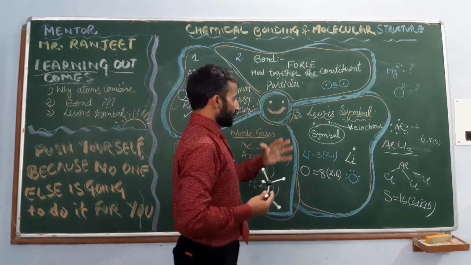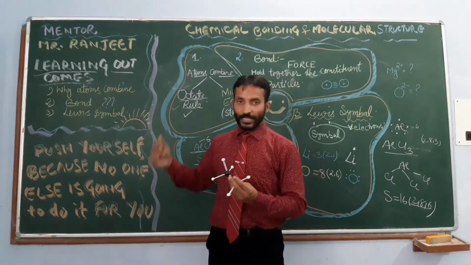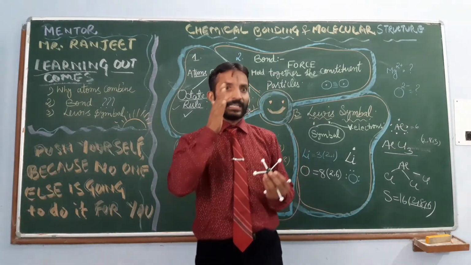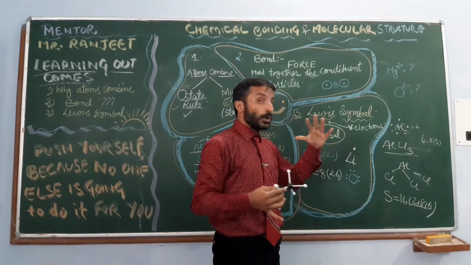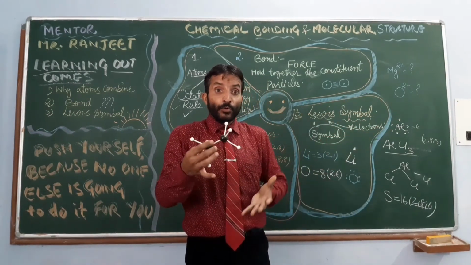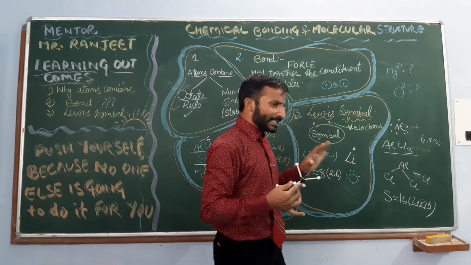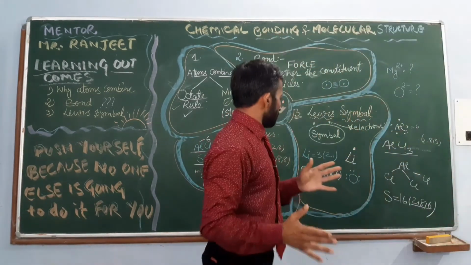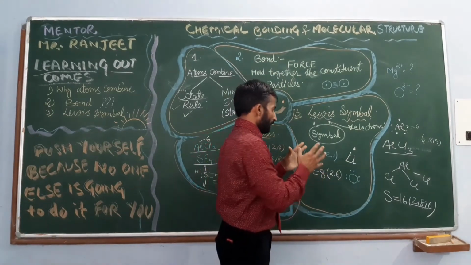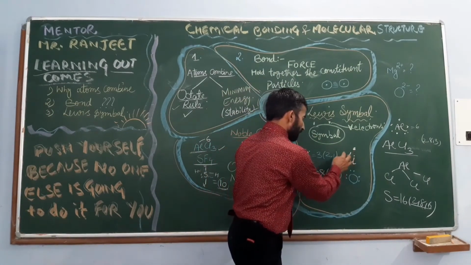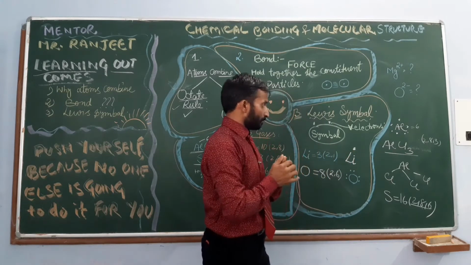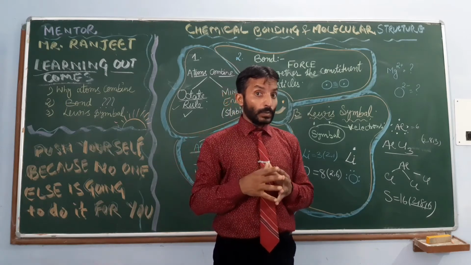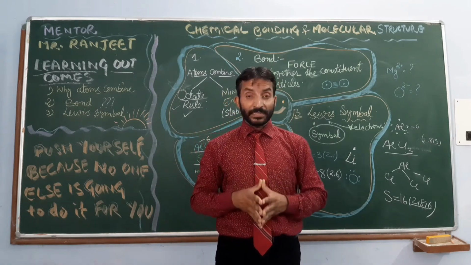And the last point for today, Lewis symbol, because this is very, very important. This will help us to understand bond formation. So Lewis symbol, what is it? Yes, dear learners, Lewis symbol is a way to represent valence shell electrons with the symbol of the element.